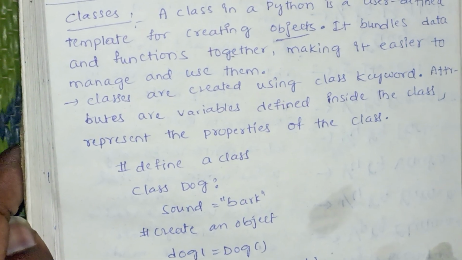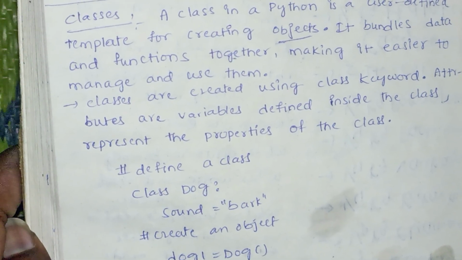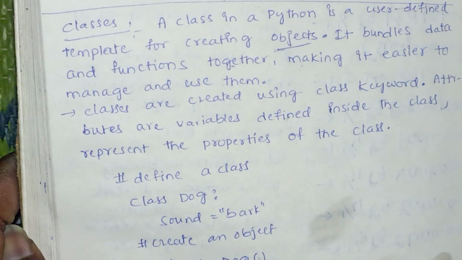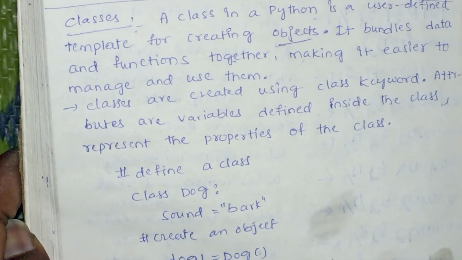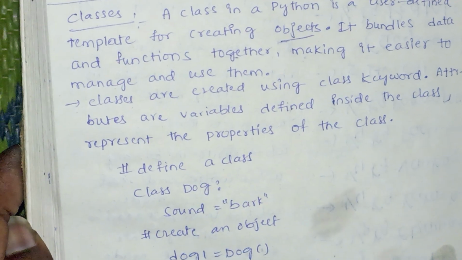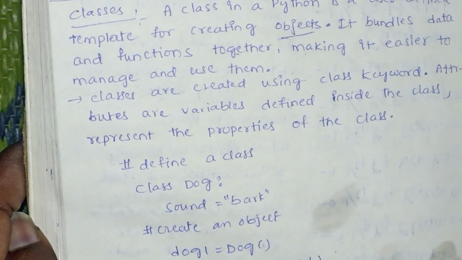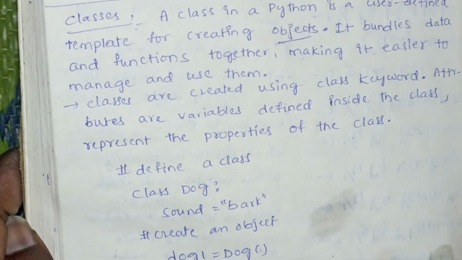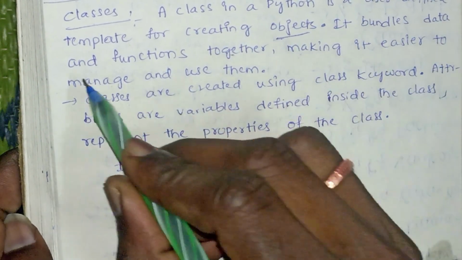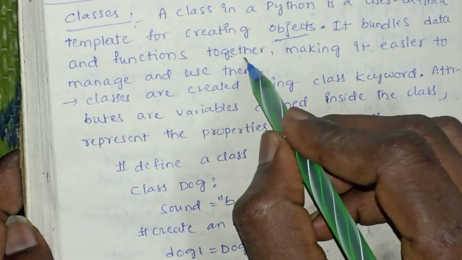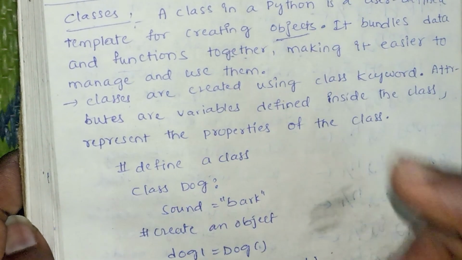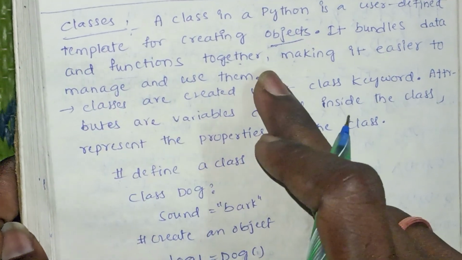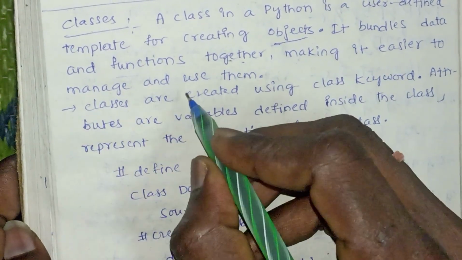Whenever we need to call a class, we can call it by using a method. In that class we have some member functions and member methods, and we can call them through the class object. So it bundles the data and functions together. I already told you the class is a combination of data and functions together, making it easier to manage and use them.